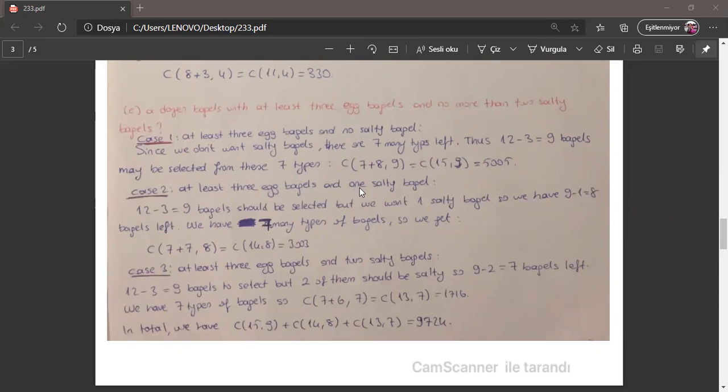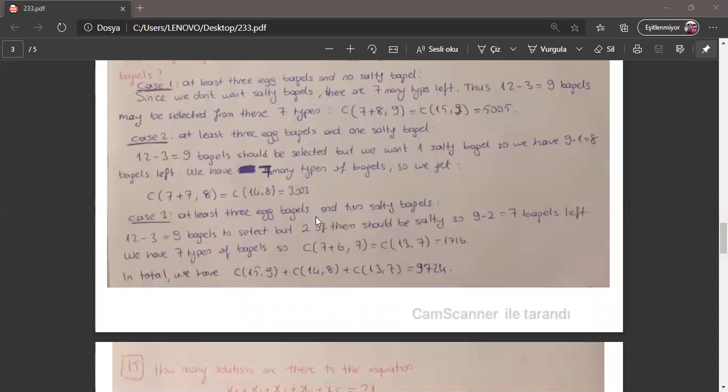This is fixed, okay? 1 salty bagel, only 1 salty bagel. So we have 7 types again. That's why we have 7 types still. So we add 7 because we need to choose 8 bagels and each of them again can be of the same type. So that's why we add 7 here. So we have this combination.